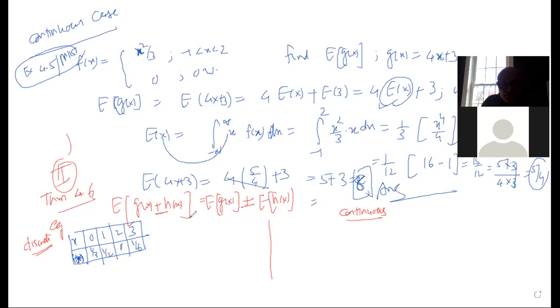We are given a function y equal to (x minus 1) squared, and we need to find the expected value of y.